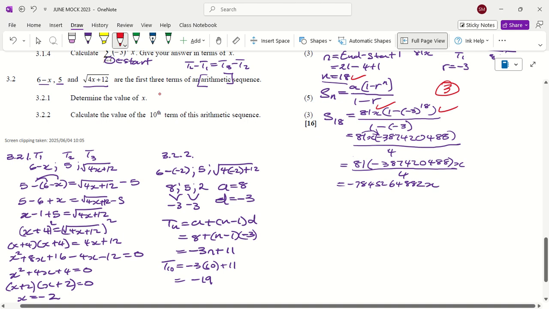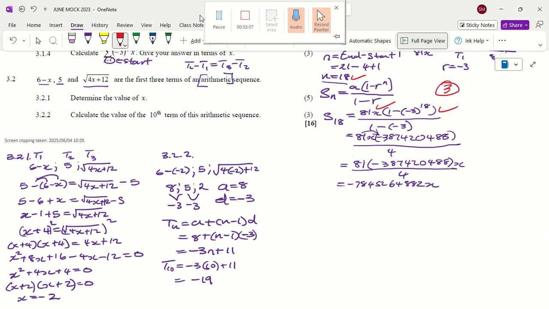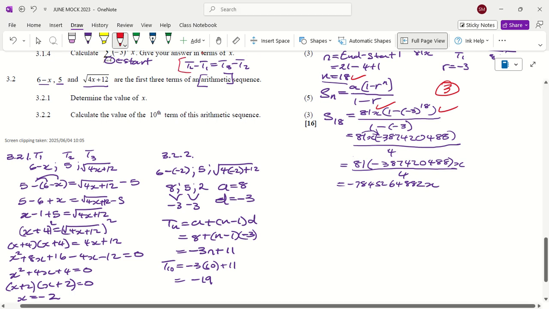3.2 and 3.2.1 to be specific. Now, if you look at 3.2.1, because this is an arithmetic sequence, we have to use T2 minus T1, right?